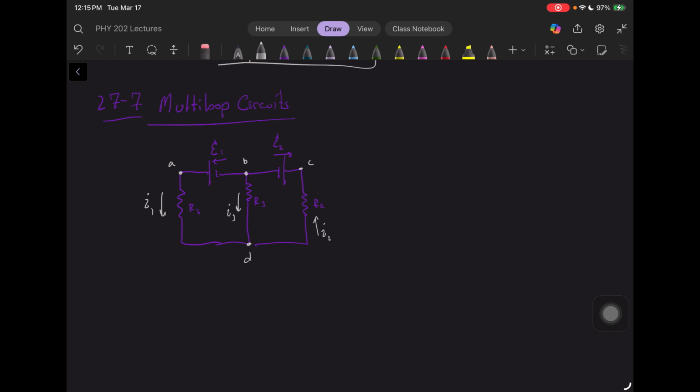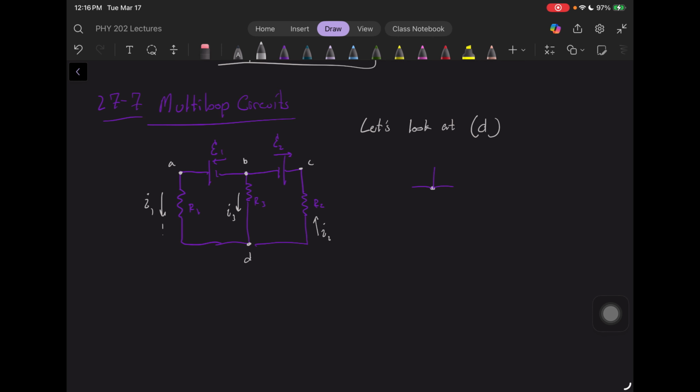First, let's look at D and see what's going on in there. We have D, and we have 3 wires.